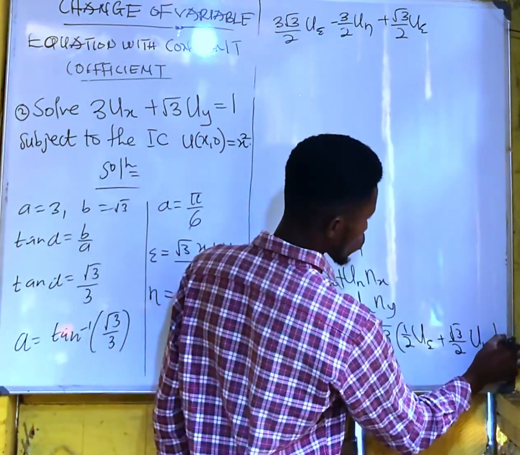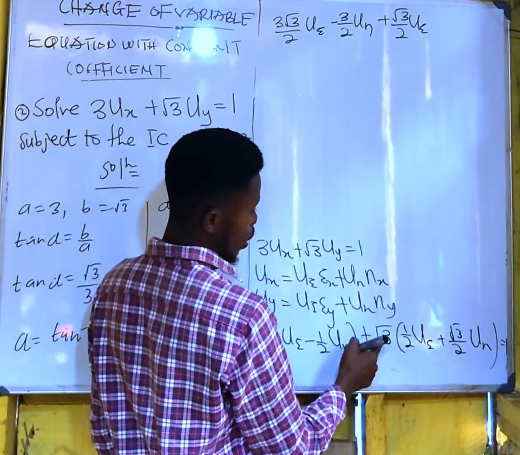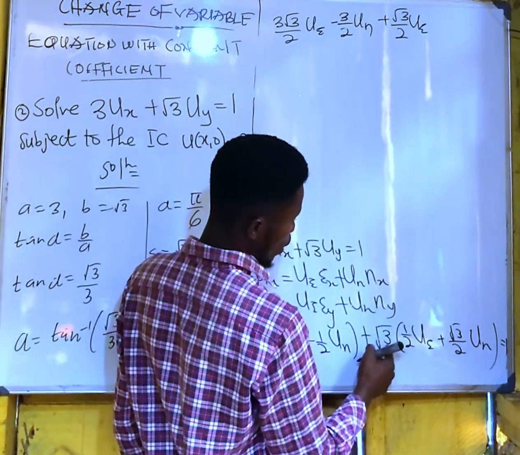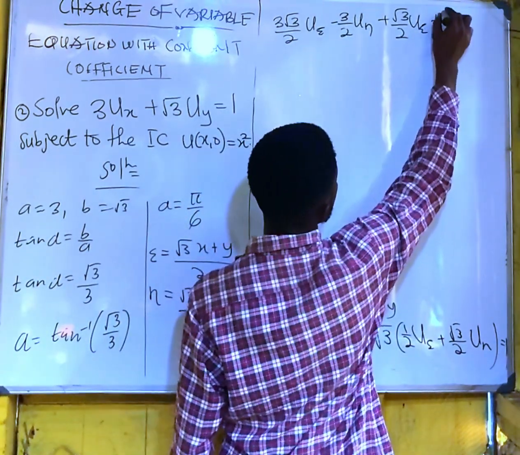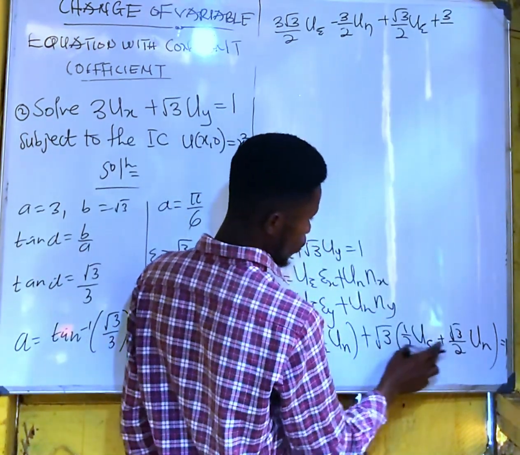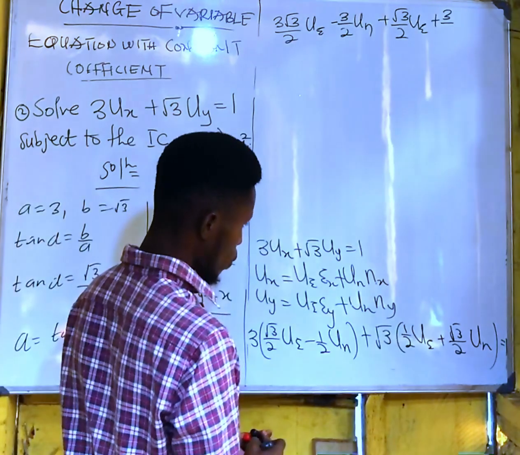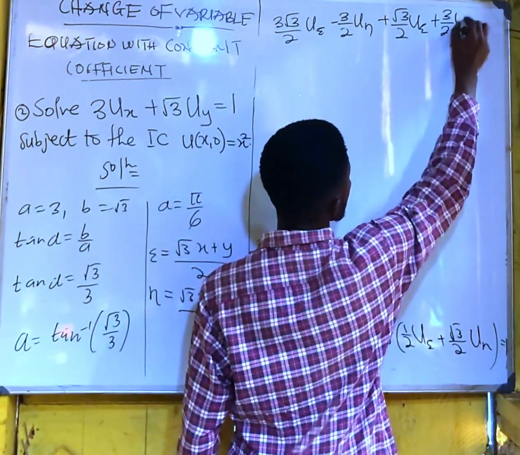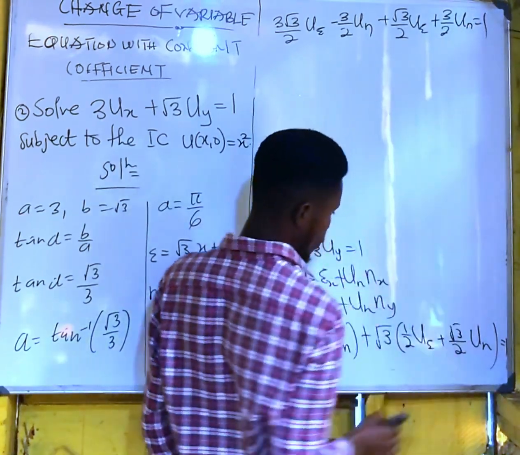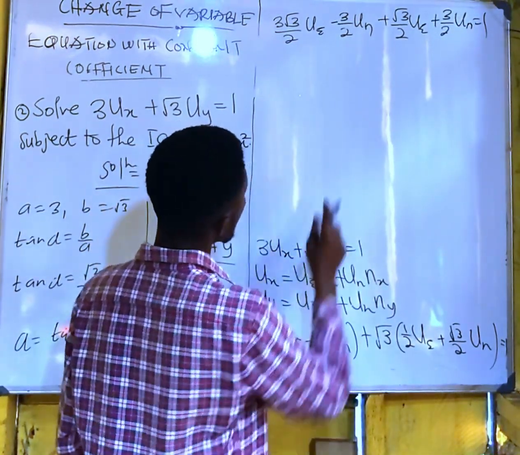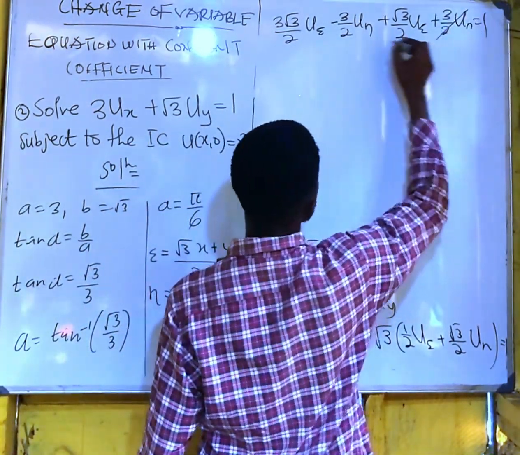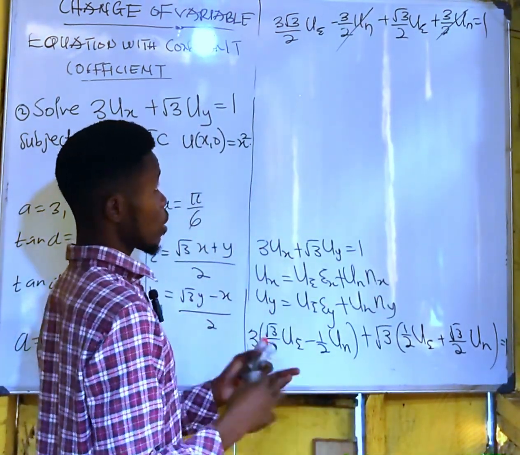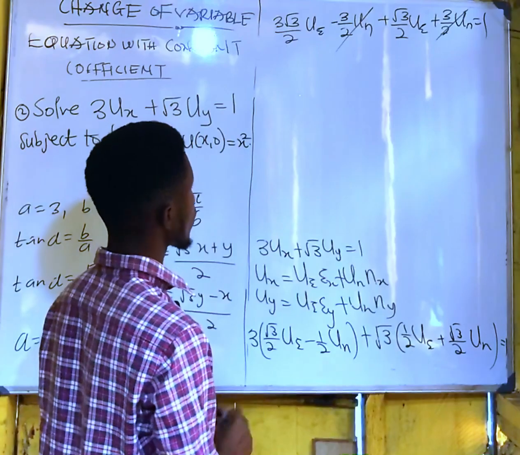This one was equal to 1. Okay. Then this time root 3 times root 3 will be 3, so this will be plus 3 over 2 u eta equals 1. So you could see that this and this are the same, so they will cancel out. In fact, anytime you do it, one of either the xi or the eta will cancel out. So you should take note of that.